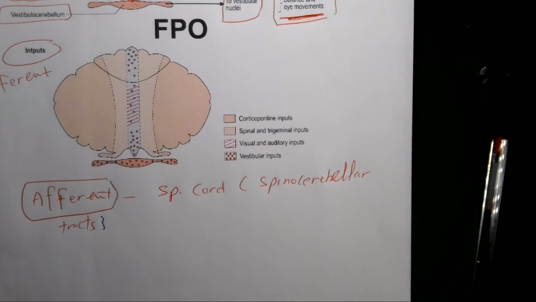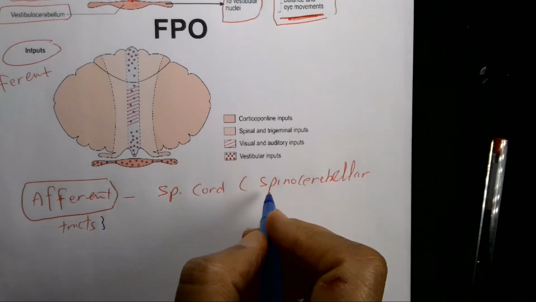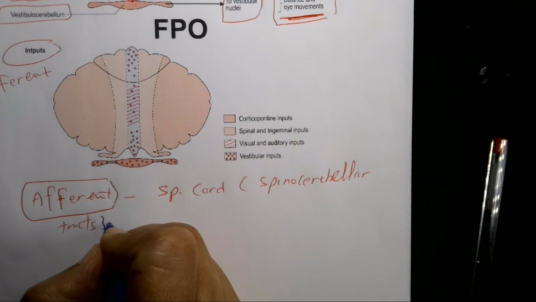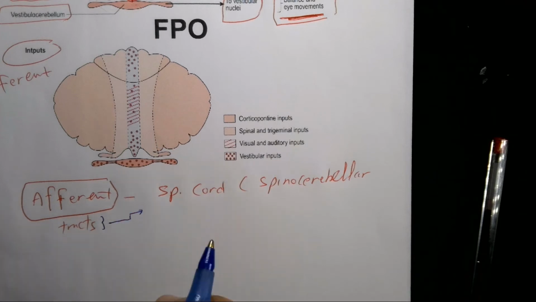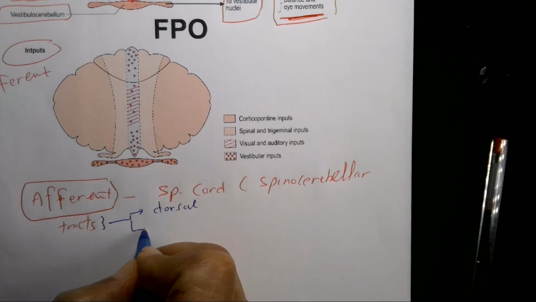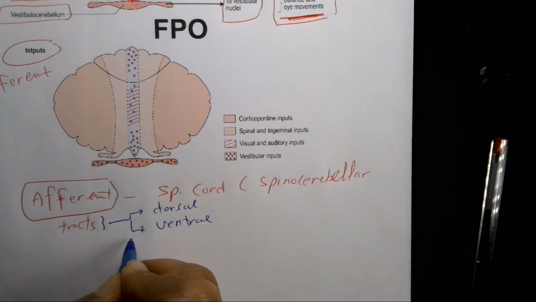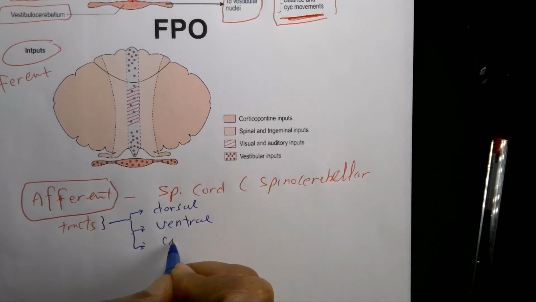Information also comes from the vestibular nuclei, from the spinal cord, and from the eye. So basically this is spinocerebellar. We have three systems: the dorsal spinocerebellar tract, the ventral spinocerebellar tract, then the cuneo-cerebellar tract.